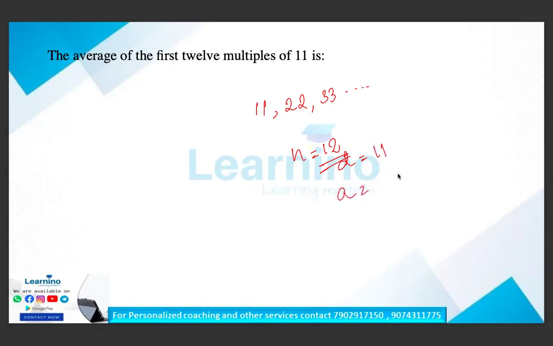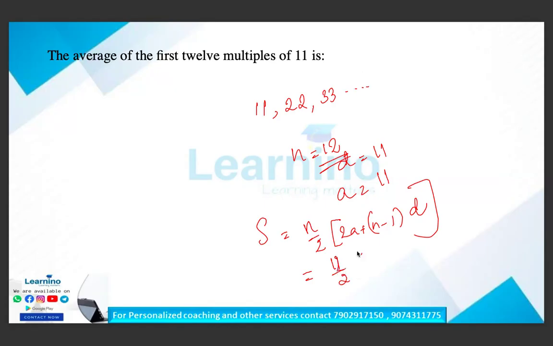The first number will be 11. So the sum of terms equals n by 2 into 2a plus (n minus 1) into d. This is an arithmetic progression. So here n equals 12, 12 by 2 into 2 into 11 plus (12 minus 1) into 11.